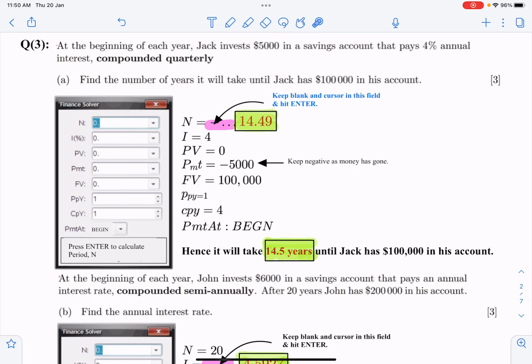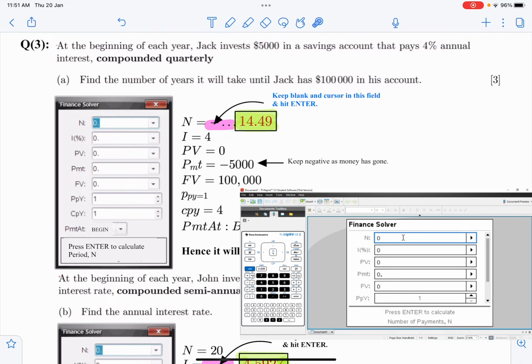Okay, so look at the calculation I have done using GDC, using TI Nspire CX2. So look here, N blank, I is 4, PV 0, PMT minus 5,000 because every year he is paying it.